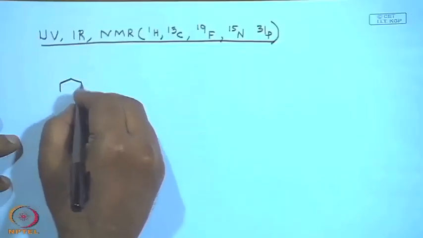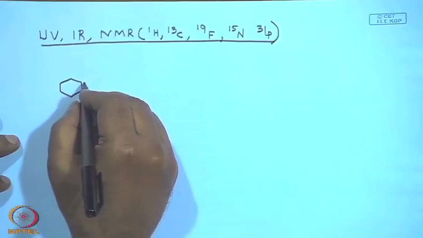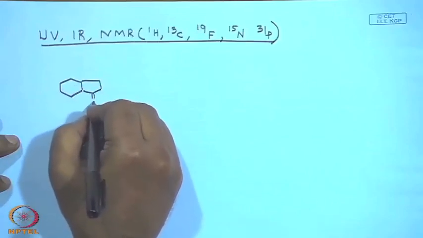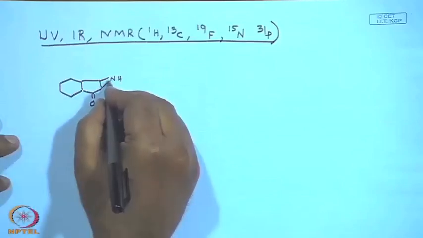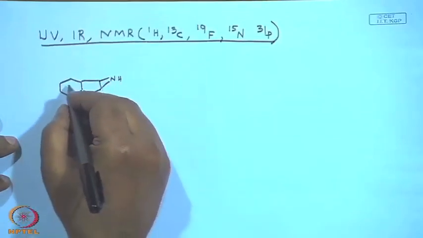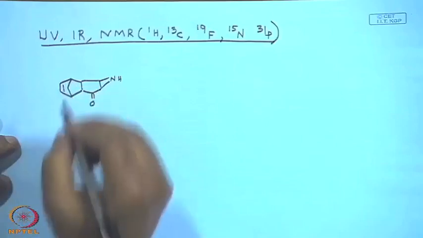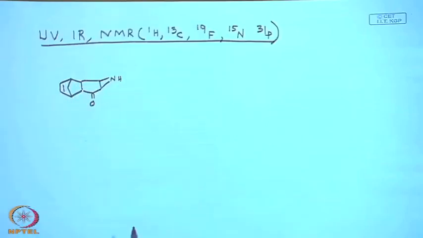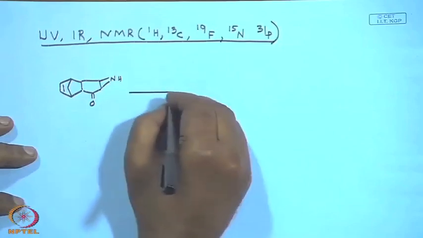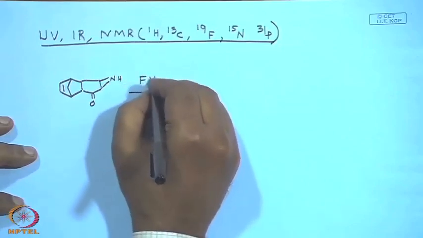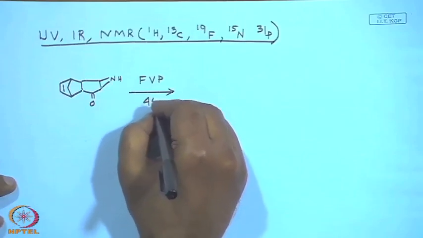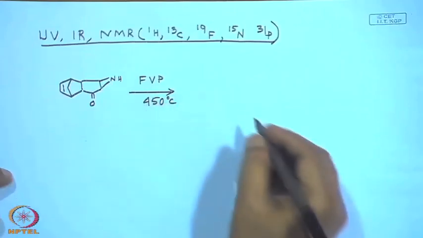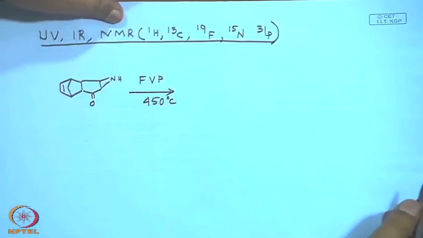For example, we did a chemical reaction, and the molecule looks like this, a tricyclic or pentacyclic compound with a cyclic aziridine. Then we did a reaction called flash vacuum pyrolysis at high temperature, 450 degrees centigrade.